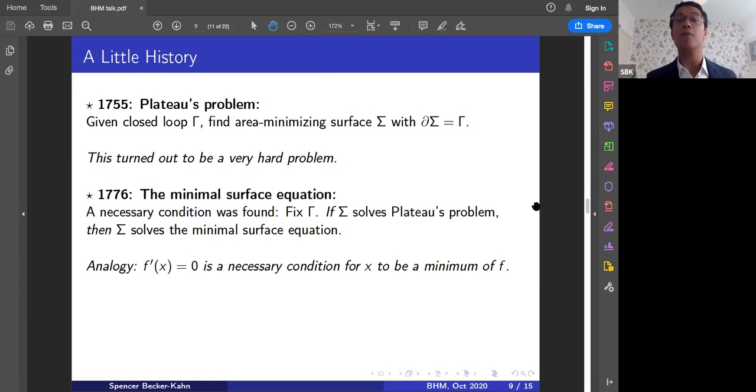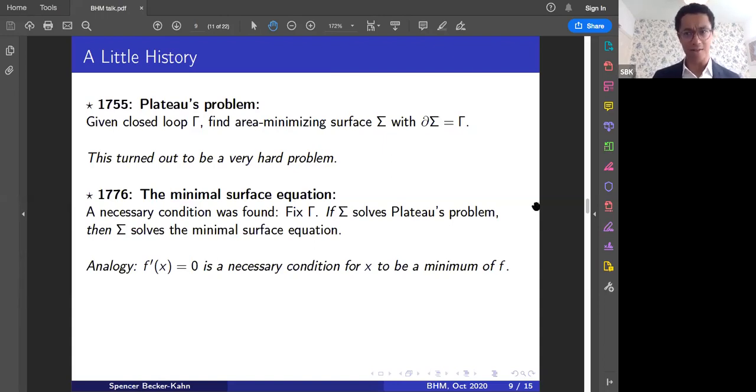You fixed your boundary curve, the blue wire from the previous slide. That's a fixed thing. And the condition is such that if surface sigma solves the problem, is the surface with smallest surface area, then it solves the minimal surface equation. Okay, so that one-way implication is it's a necessary condition, but not a sufficient condition.